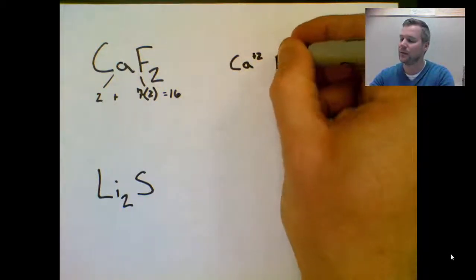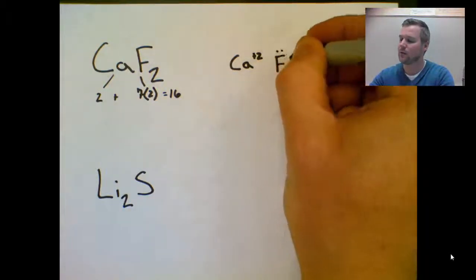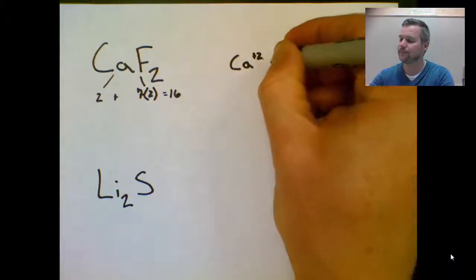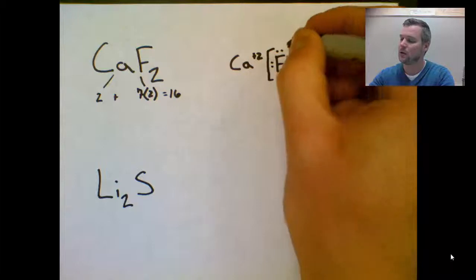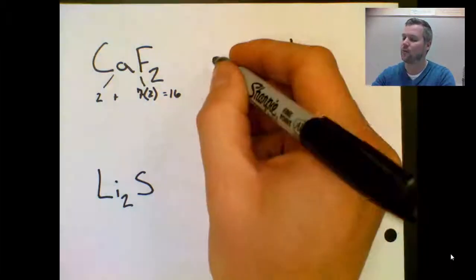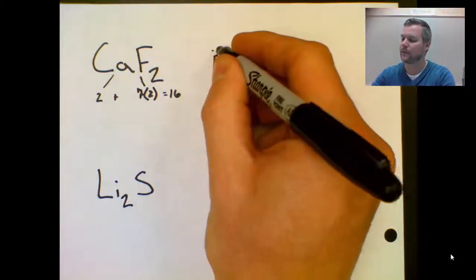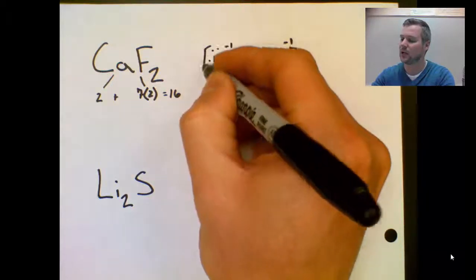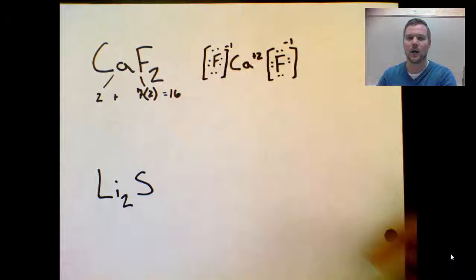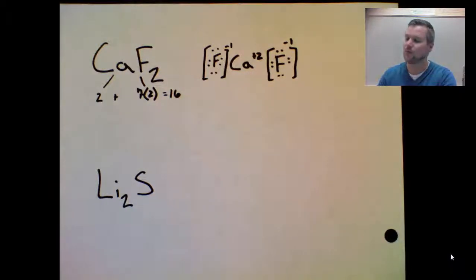Fluorine is going to be on either side with 8 electrons, 1 of which came from calcium. That's a -1 charge because it gained 1. Also -1 charge because it gained 1. And that would be the ionic Lewis structure for calcium fluoride.